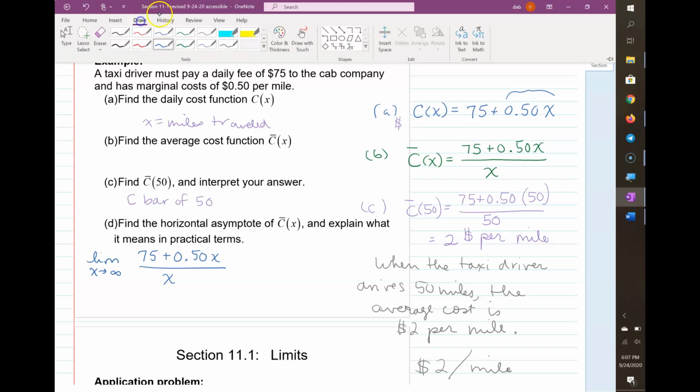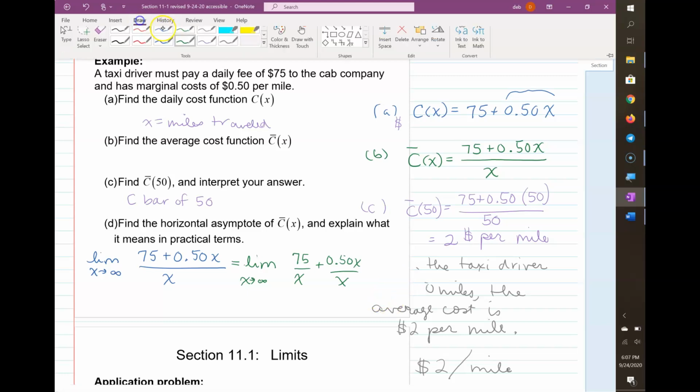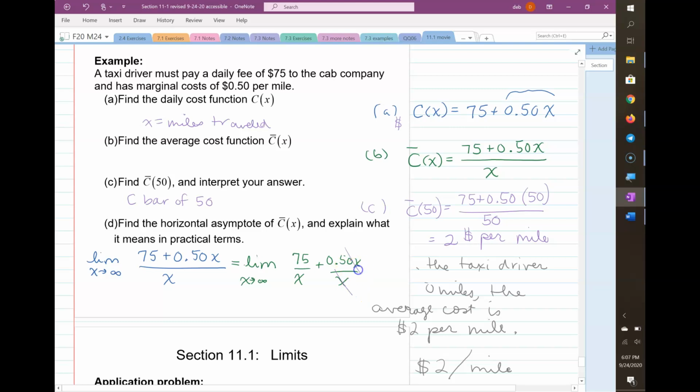So I would suggest you separate it into two pieces: the limit as x goes to infinity of the 75 over the x plus the 0.50x over the x. You can see how in the second fraction those x's will cancel. So it's going to be the same limit as 75 over x plus 0.50.